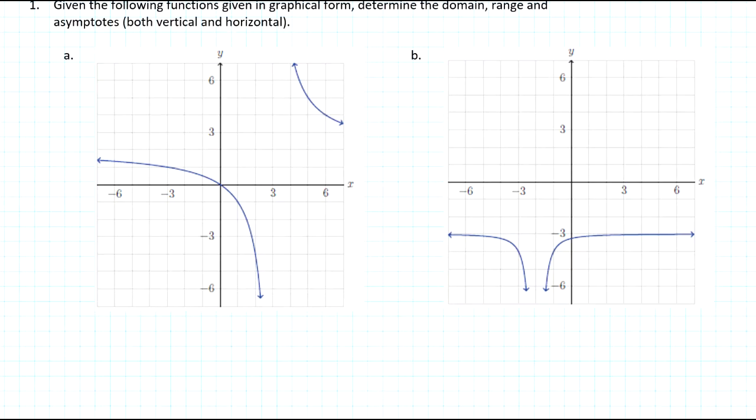well, it's a little hard to tell exactly what's going on because there's so much space in this, but let's still go ahead and try and look first for the domain. You can see it's moving out to the left forever, so the domain we can say starts at negative infinity, and then it's moving to the right more and more, and then it's coming down, it crosses 2, and then it comes down, down.